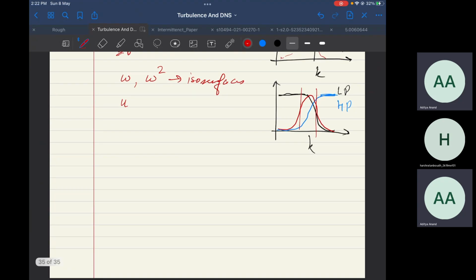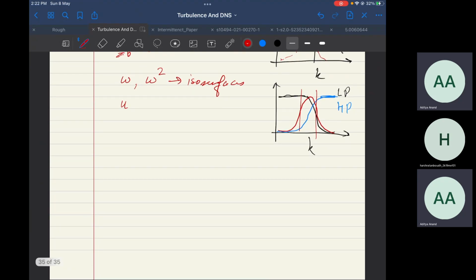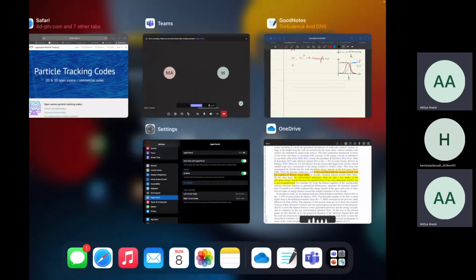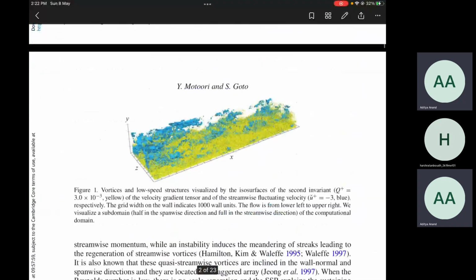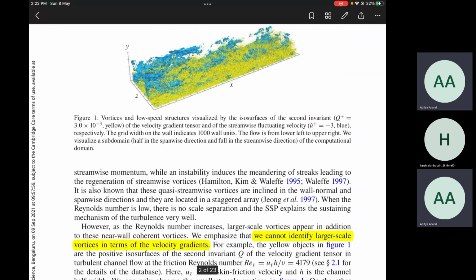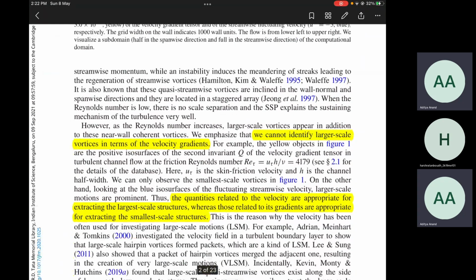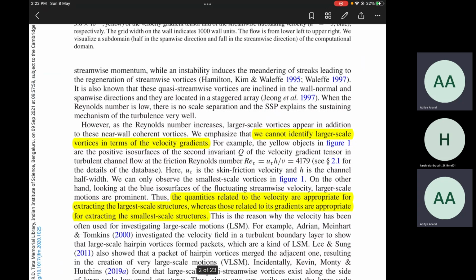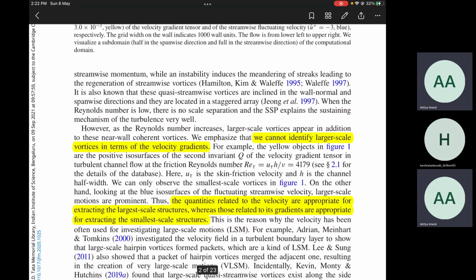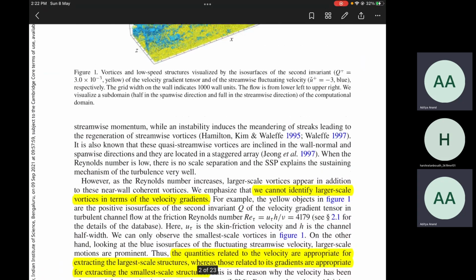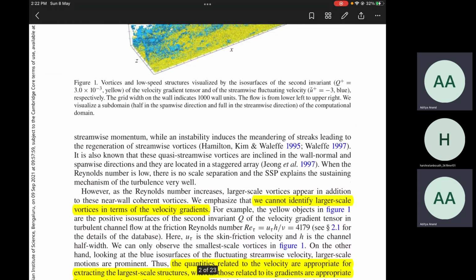So there are several kinds of coherent structures in a flow. Let's see what they have looked at. There are large scale vortices or large scale coherent structures, and they can be large vertical motions.